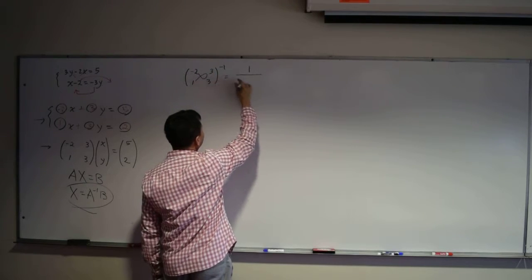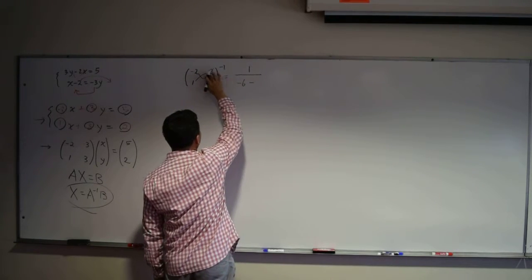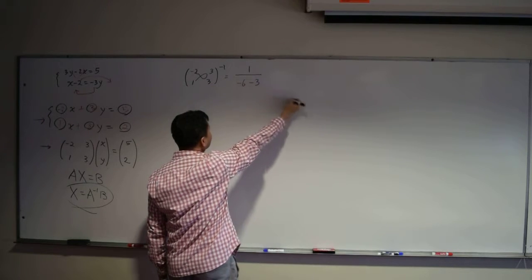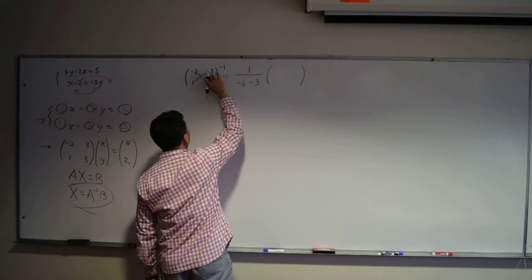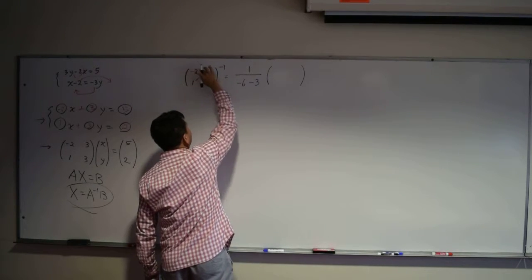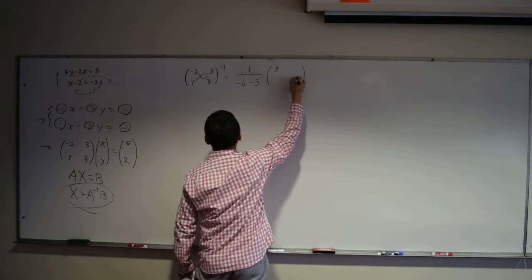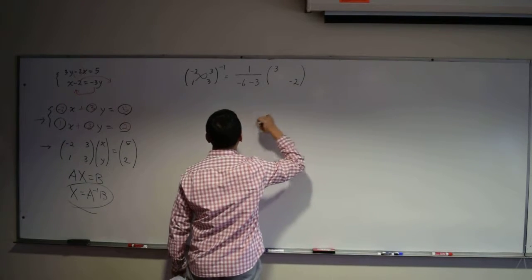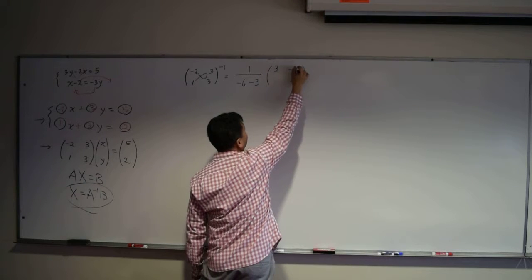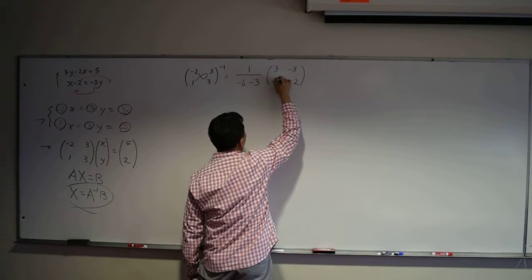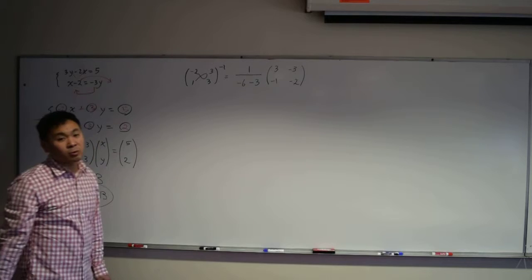This times this, negative 6, minus 3 times 1, which is 3. And then you switch the diagonals, so these two switch places. 3 comes here, negative 2 comes down here. And then 3 and 1 should be negated. The off-diagonal ones should be negated. That's the formula for the inverse.